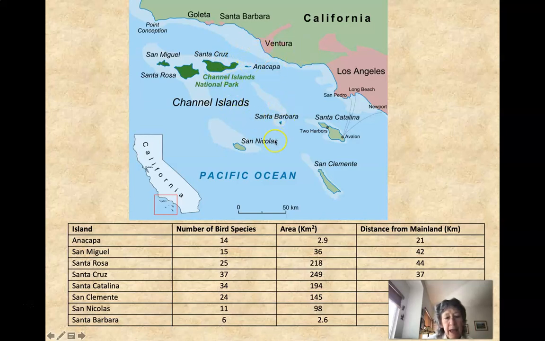If we look at the actual data for the number of bird species, Santa Barbara has 6 species of birds, and Santa Cruz Island has 37 species of birds. So the distant small island with 6 species has significantly fewer bird species than Santa Cruz, which is a near large island.